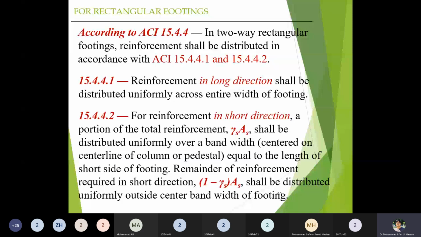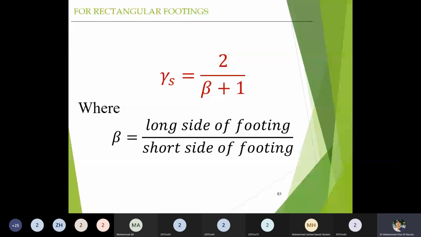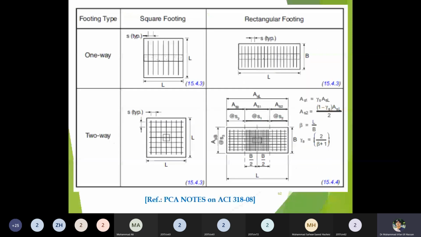So gamma S will be computed as 2 over (beta plus 1), where beta is the ratio of the long side to the short side of the footing, and then we can place this steel in the central region.